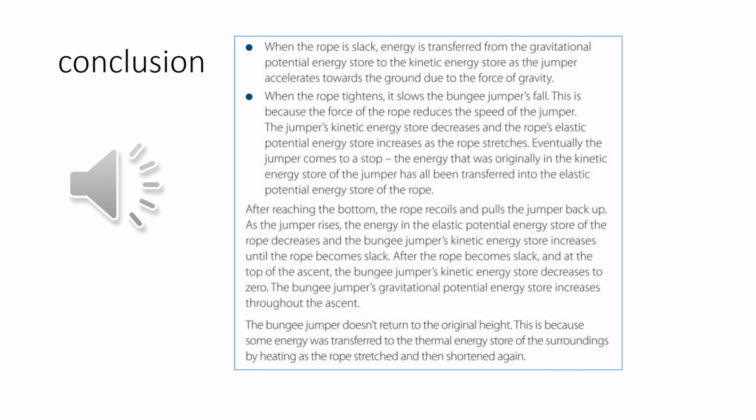And obviously that process continues to repeat until the bungee jumper comes to a halt. So just pick out the key energy transfers from this information, or add to your own information for your final conclusion about your bungee jump experiment.